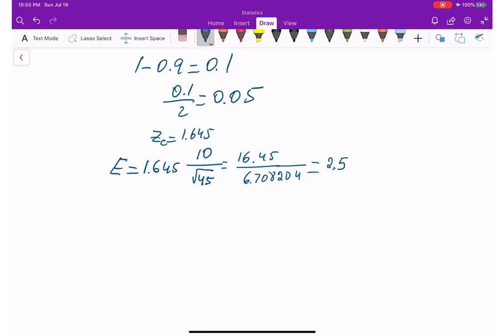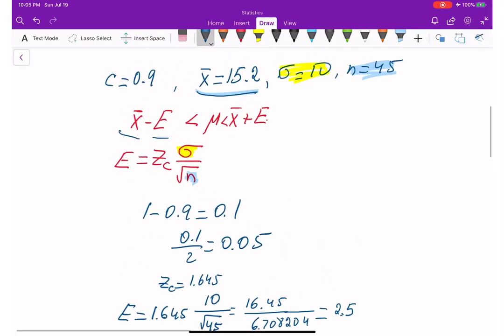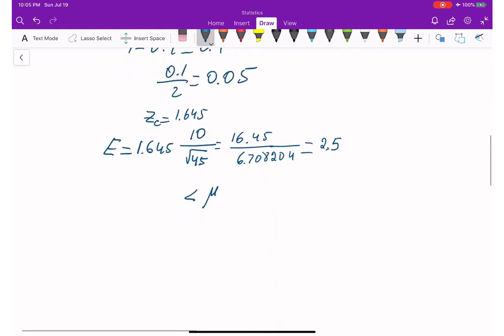So from here, the margin of error, at the population mean is equal to x bar, which is 15.2 minus 2.5 and less than 15.2 plus 2.5.